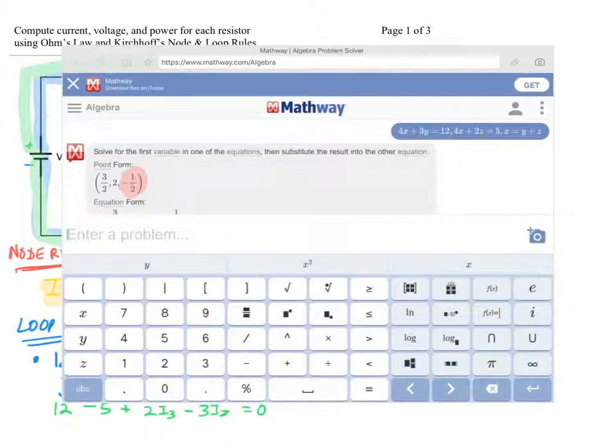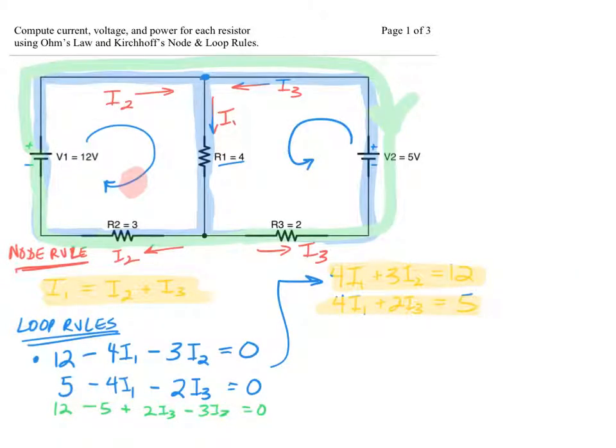So apparently, I3 is going the other direction. All right? So let us come back here, and we would have to change the direction of I3 to be this direction.